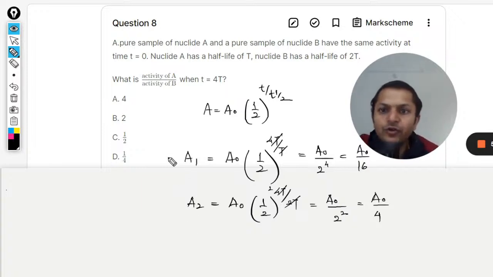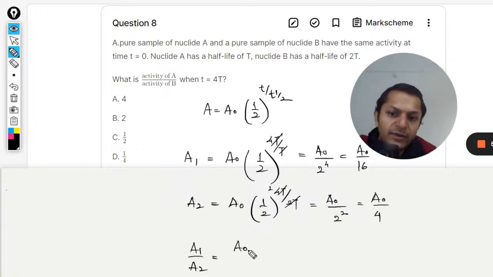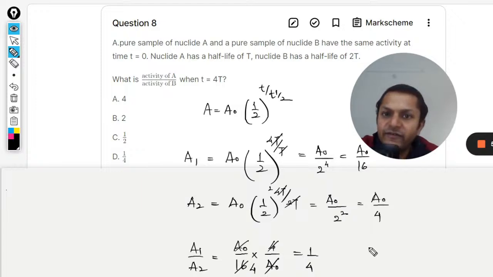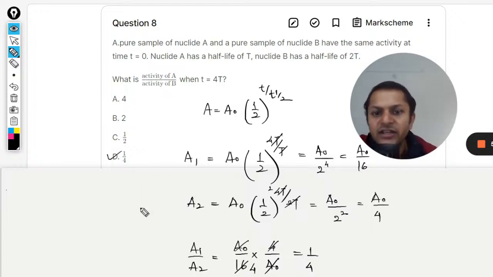Now A1 by A2, we want the ratio of this. So A1 divided by A2 is A naught by 16, and we multiply by the reciprocal of the other. A naught and A naught cancel out, and this becomes 1 by 4. I believe you understand what I am doing here.